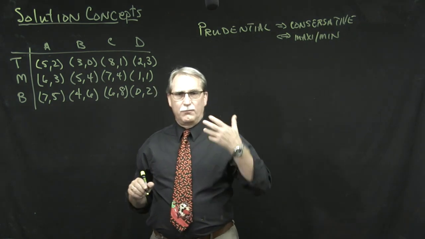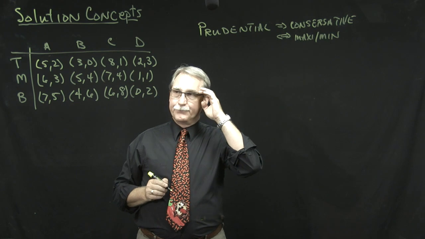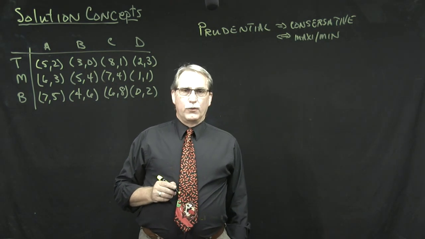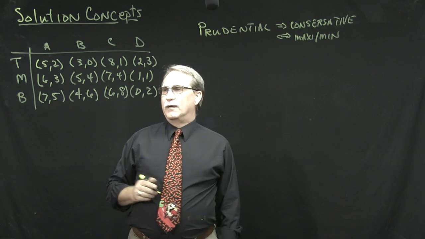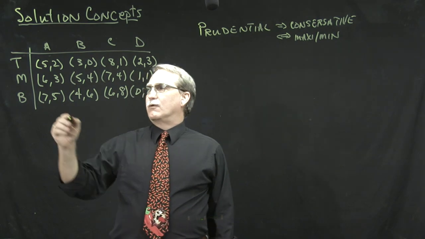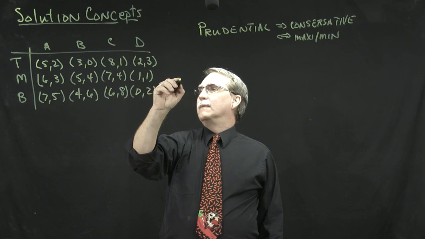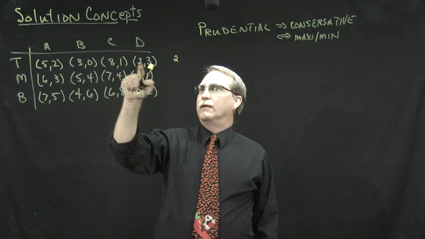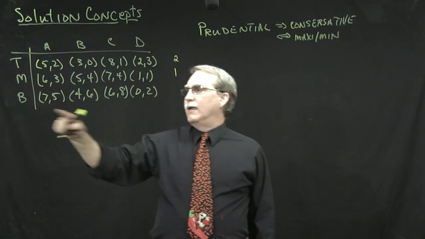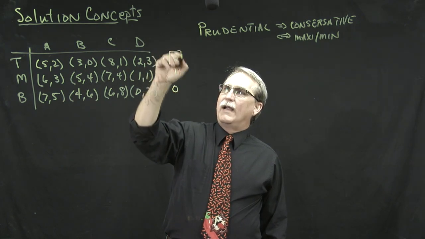They're trying to do the best that they can do regardless of what the other player does. So to calculate a prudential strategy, what we do is we pick a player, Rose, and we look at her outcomes in each of her three strategy choices. So in top, her worst outcome is 2, this 2 right here. In middle, her worst outcome is 1, and in bottom, her worst outcome is 0, and she wants to maximize those minimums.